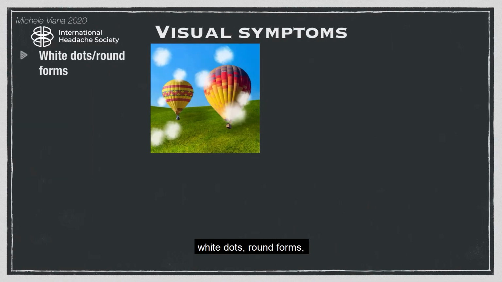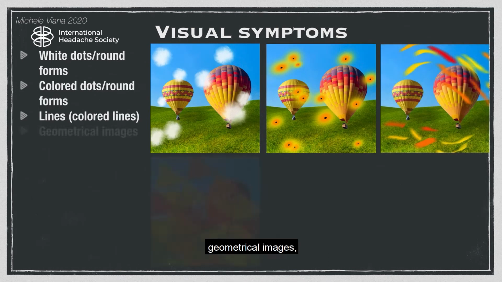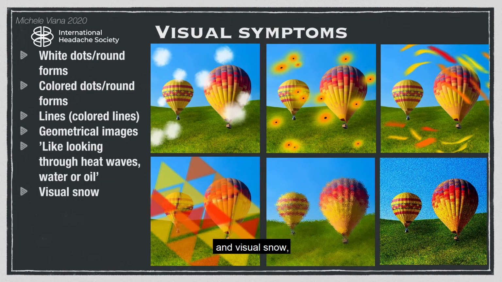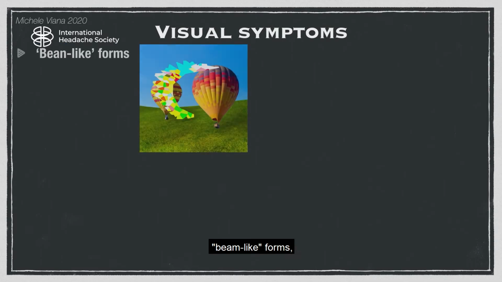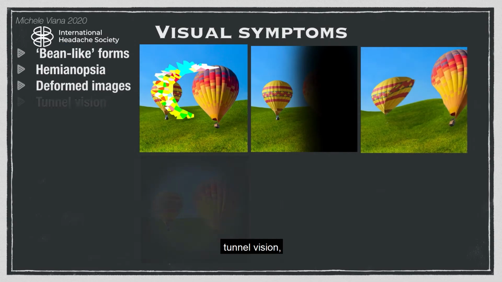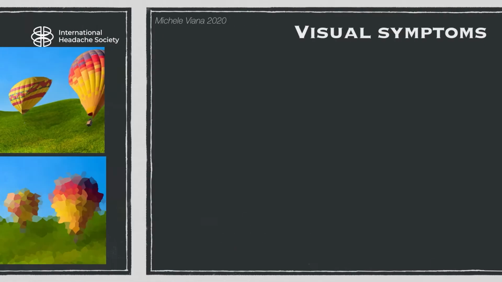White dots, round forms, colored dots, round forms, lines, geometrical images, like looking through heat waves, water, or oil, and visual snow. Being-like forms, hemianopsia, deformed images, tunnel vision, oscillopsia, mosaic vision.